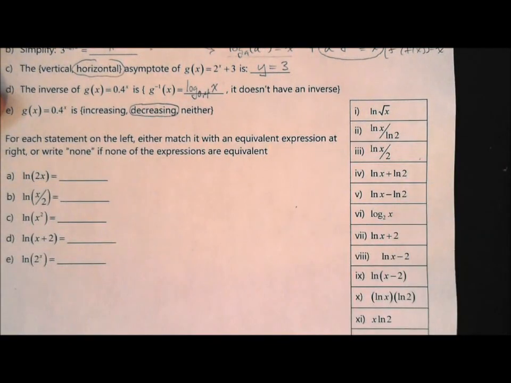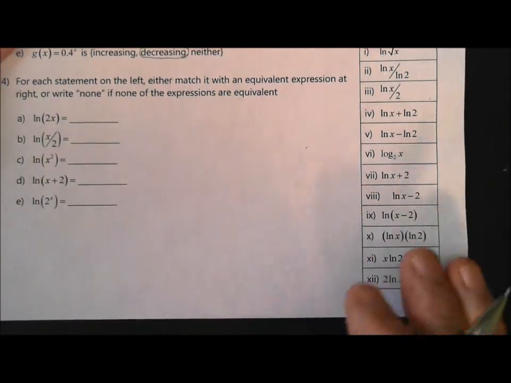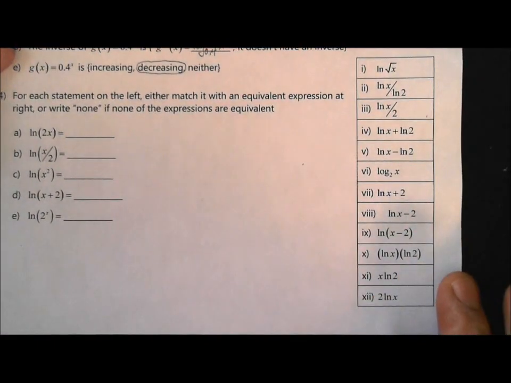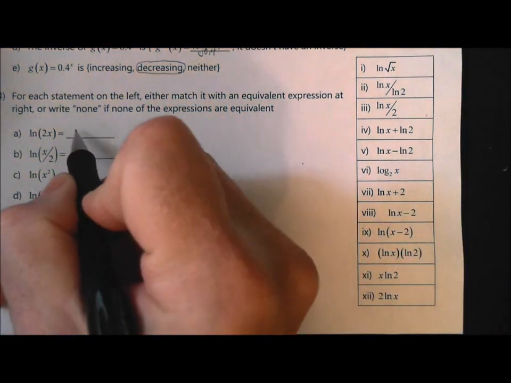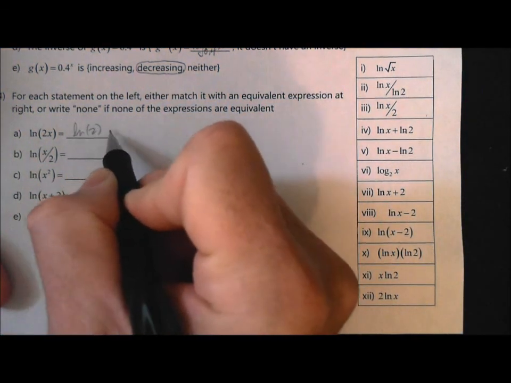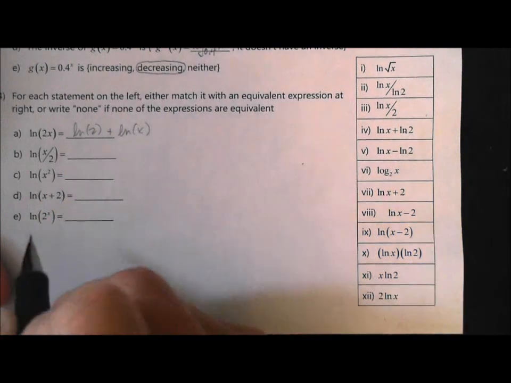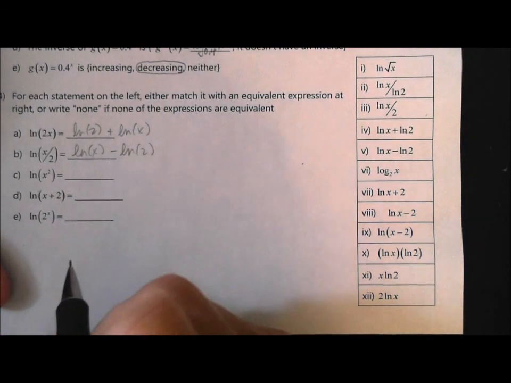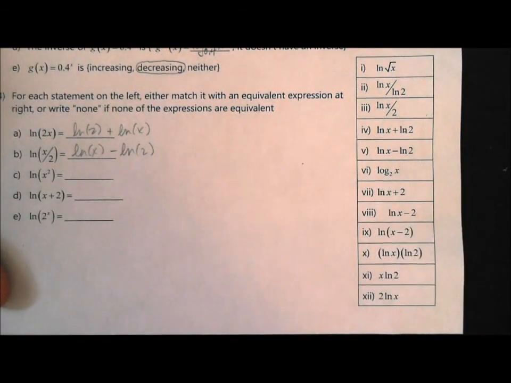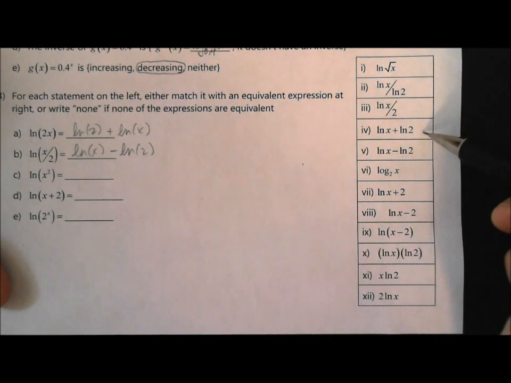And this last one asks us to simply match some of these. Okay, and remember our properties. And this first one we know should equal ln of 2 plus ln of x. And this one will equal ln of x minus ln of 2. And we'll check to see. Those are the easiest ones. So let's see. We see ln of x plus ln of 2 right there.